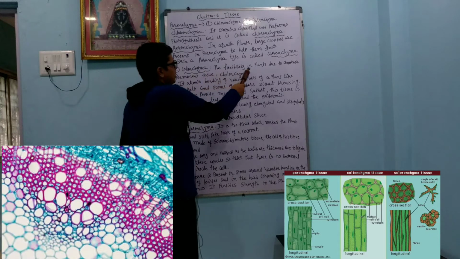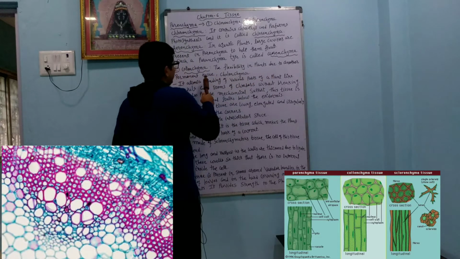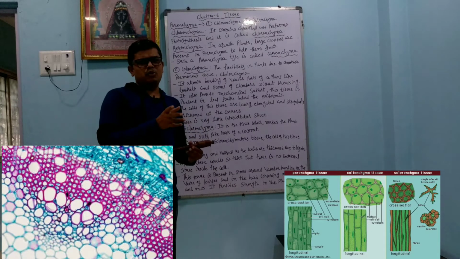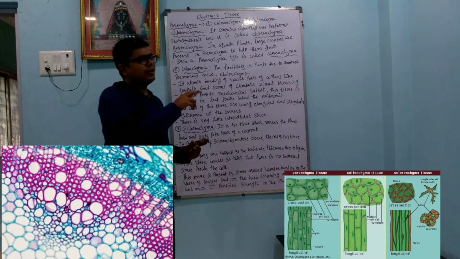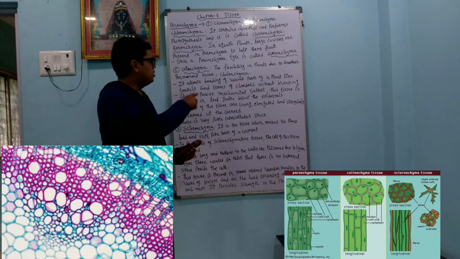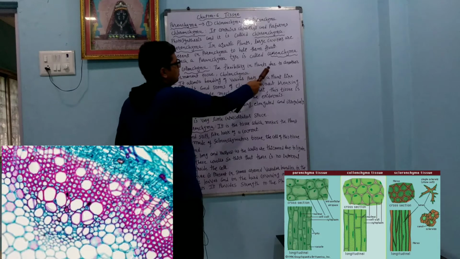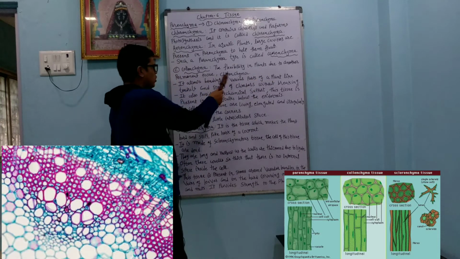Collenchyma provides flexibility in plants; it is another permanent tissue. Don't confuse chlorenchyma and collenchyma.